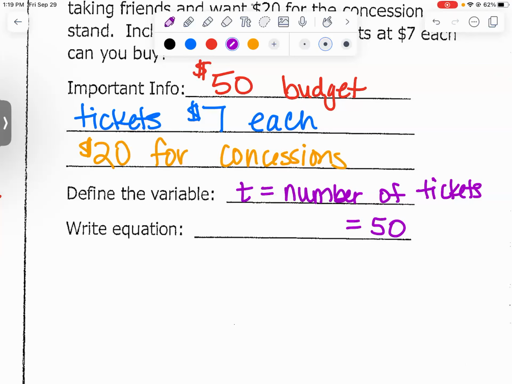What number needs to be attached to T? $7 per ticket. $7 times the number of tickets. And are we adding or subtracting 20? We are adding 20. I'm spending $7 per ticket and I'm spending $20 on concessions.